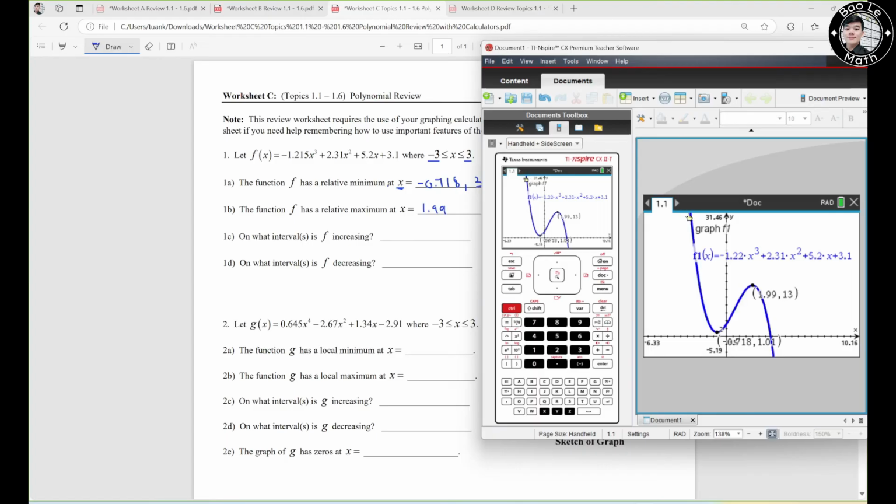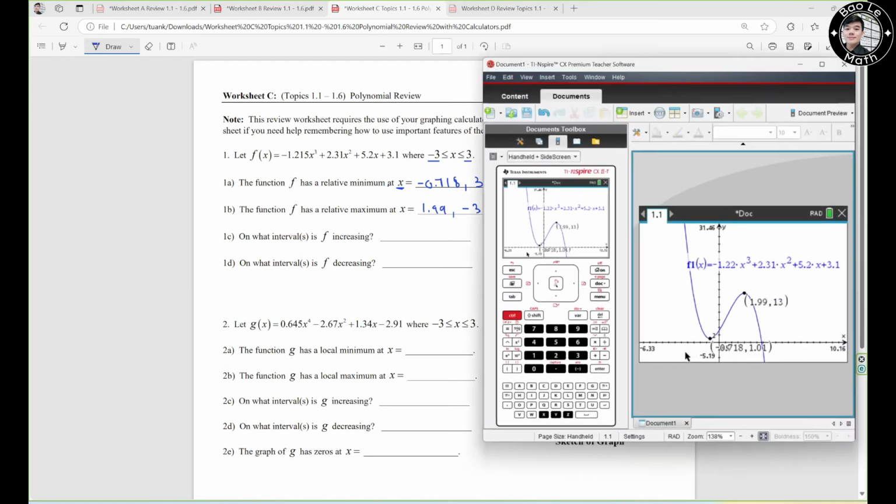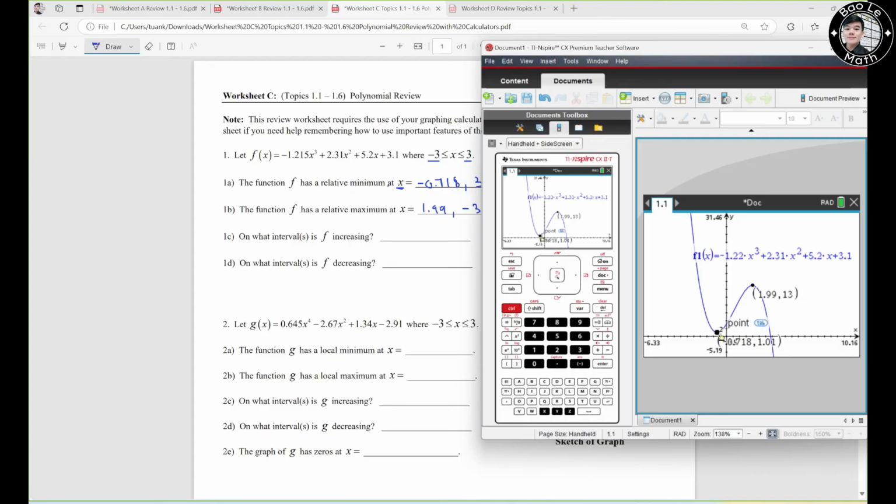The left one right here is going to be at s equal to negative 3. So negative 3 right here. On what intervals is the function increasing? The function is increasing from the interval negative 0.718 to 1.99.